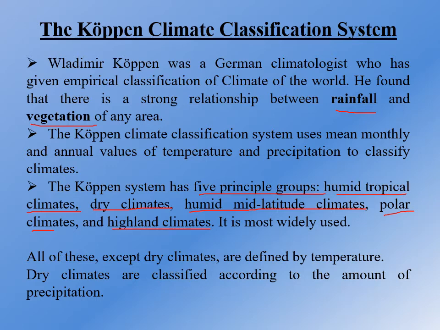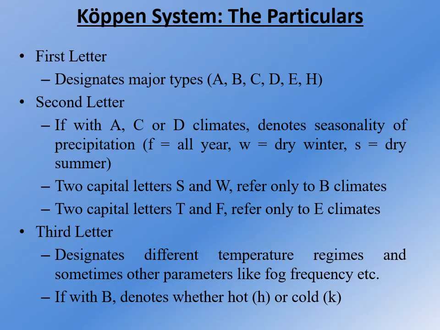Now, if we look at the Köppen system of classification, the rules, the particulars of the Köppen system, then Köppen tried to define the climate system, and he tried to show the different climate groups in terms of some symbols, in terms of some alphabetical letters.